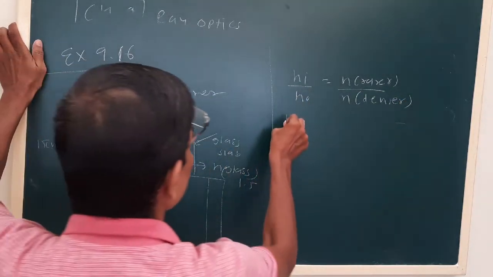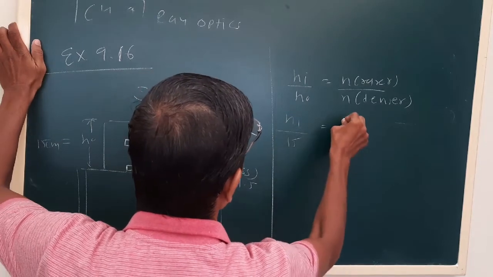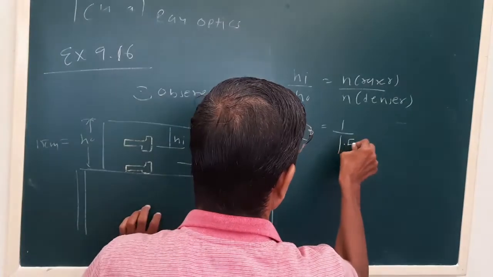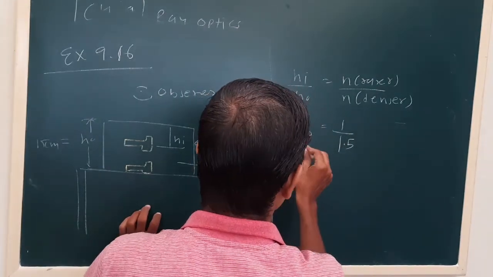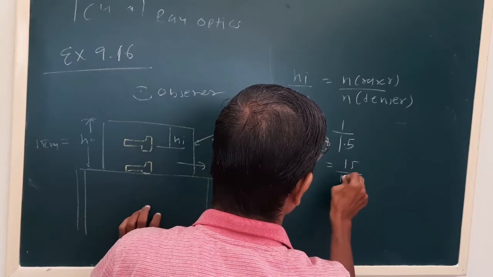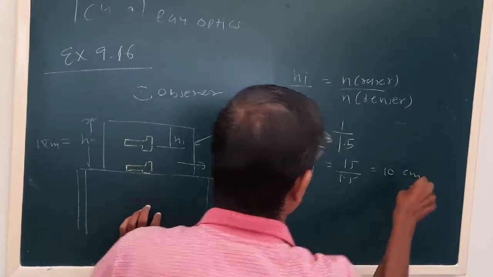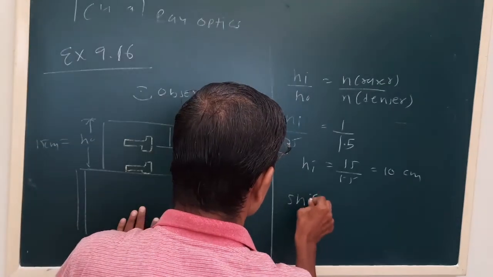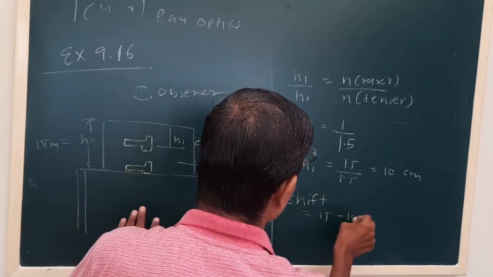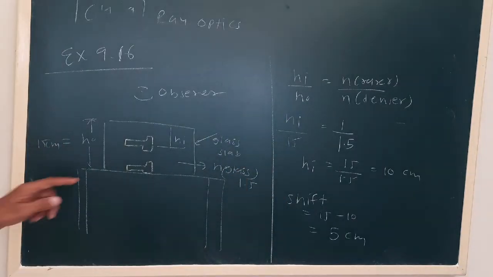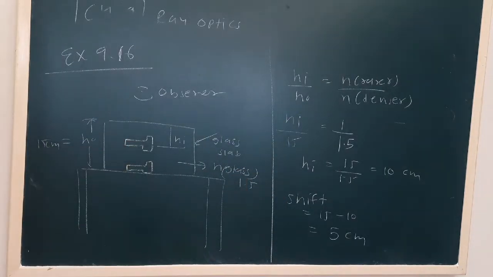HI we have to find out, HO is 15, and n rarer, the observer being in the rarer medium. So HI is 10, and the image is shifted by 15 minus 10, which is 5 centimeter.